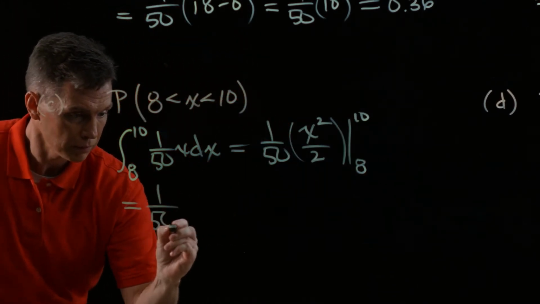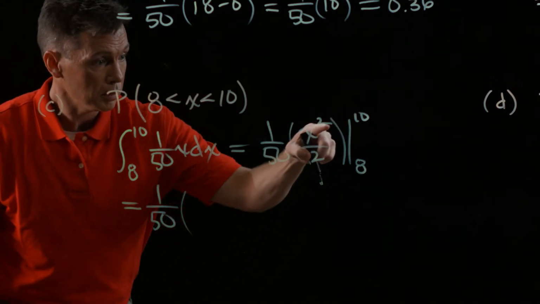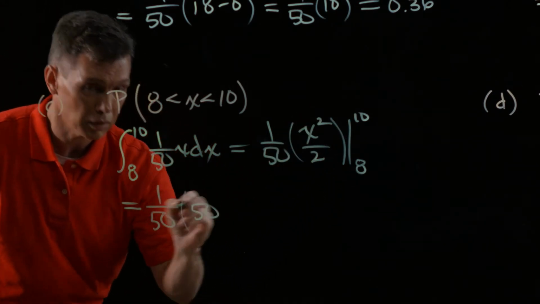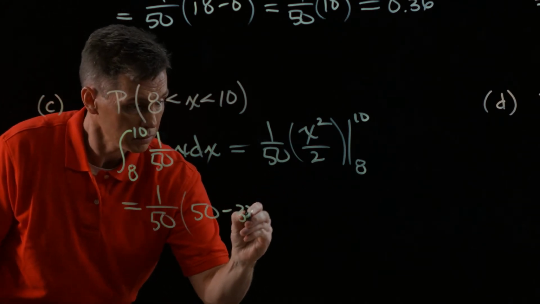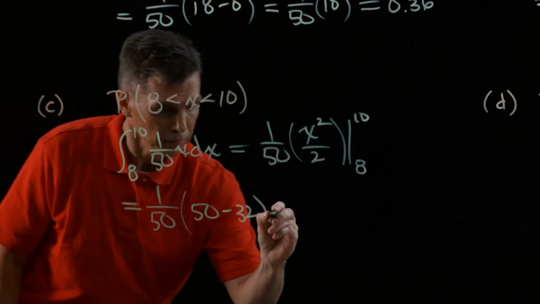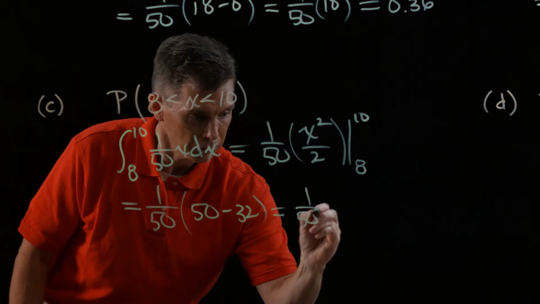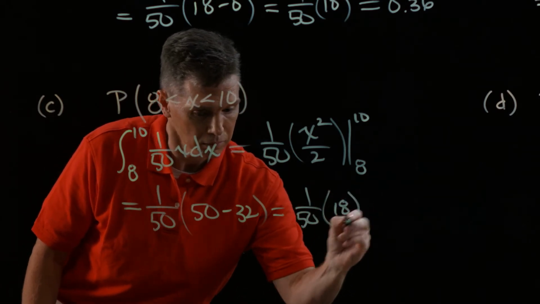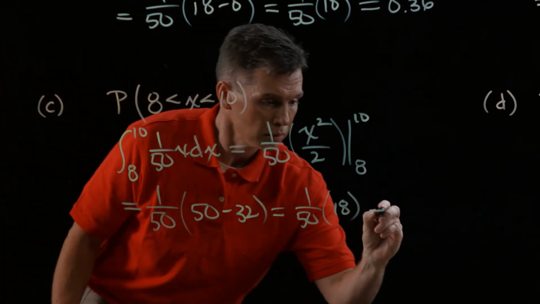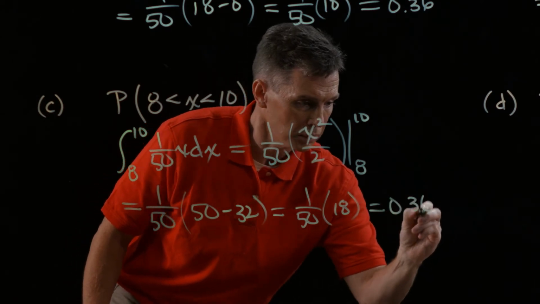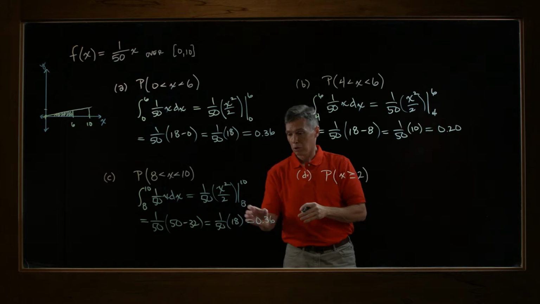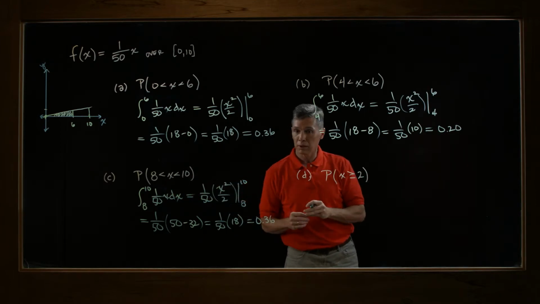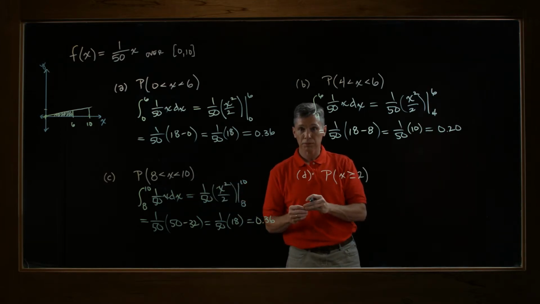Evaluating, 10 squared is 100 divided by 2, 8 squared is 64 divided by 2, so we get 1/50th times 18, or 0.36. Just arithmetic at the end. Our probability that x would be between 8 and 10 is 0.36.